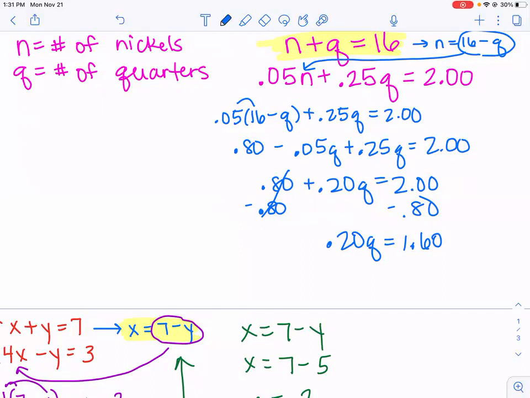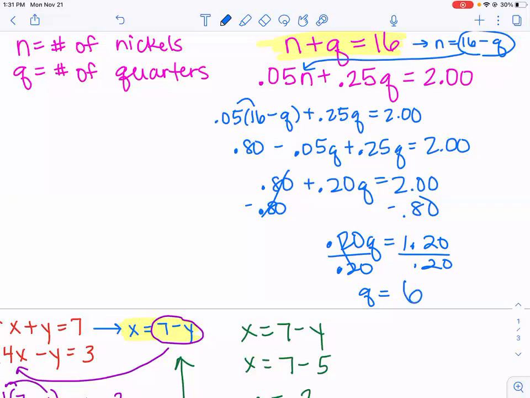Oh, but this is gonna work out so nice. If I subtract 80 cents from each side, I'm left with $1.60 over here. And if I divide $1.60 by 20 cents, hey, with his calculator over there, what do we get? It should be $1. Oh, man. So now what is it? 6.